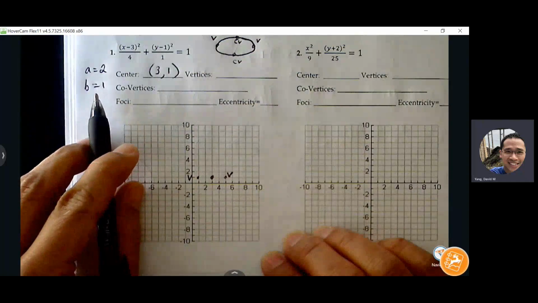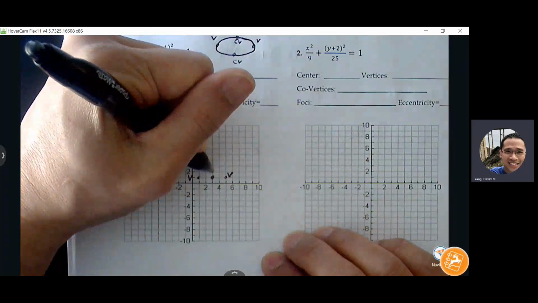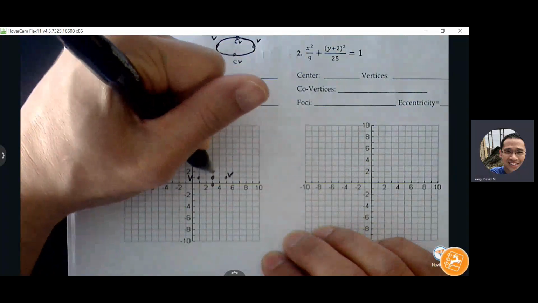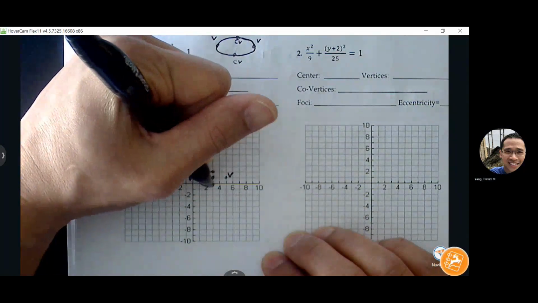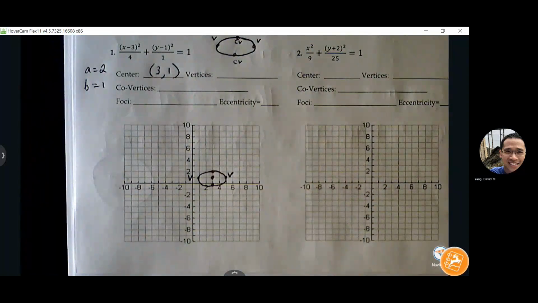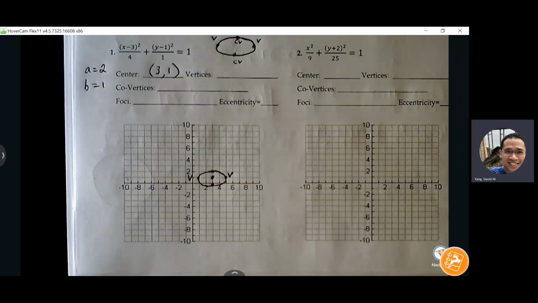The B value is 1, so from the center, you'll go up 1 unit and down 1 unit. From there, you should be able to create your ellipse. Go ahead and identify all the ordered pairs that you just plotted.